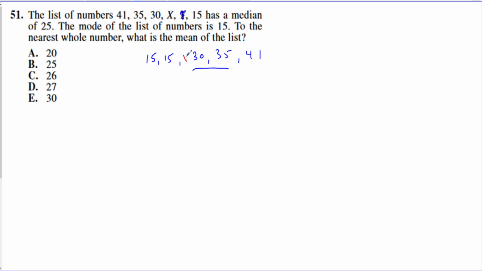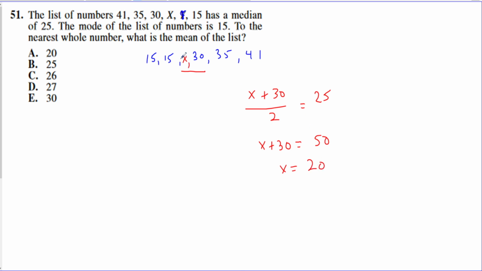Now, if I chop off the 15 and the 41, the 15 and the 35, x and 30 are the two shared middle values. If I add those up and divide by 2, that's going to give me the median, which is 25. If you do a little bit of algebra, you find out that x has to be equal to 20.